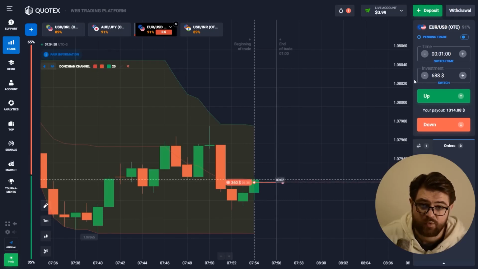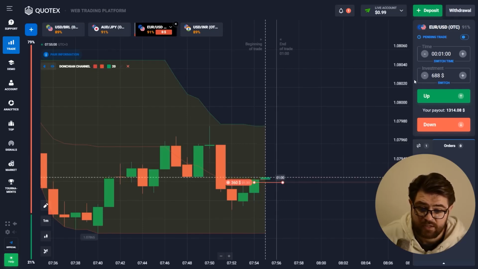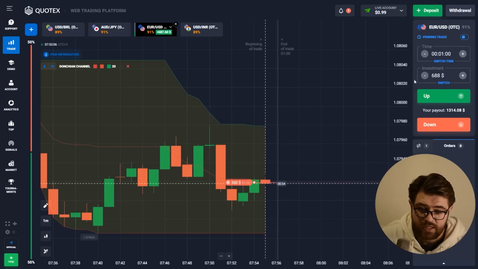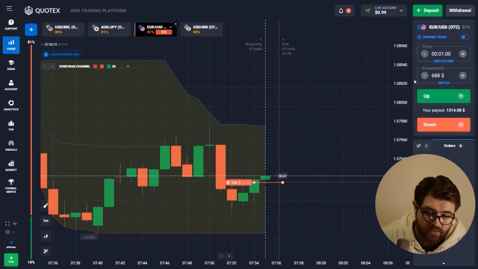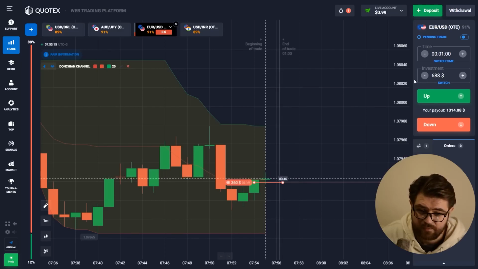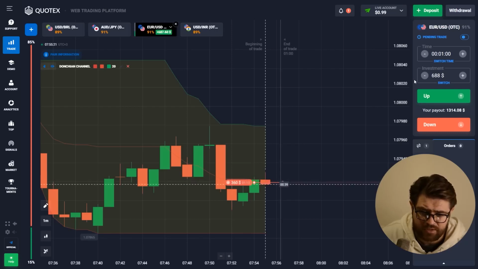With the resistance line, maybe we'll leave a 20% chance for it to go up from that resistance line, but it should go down in the next minute. So actually I did stay at 1 minute here. So let's see.